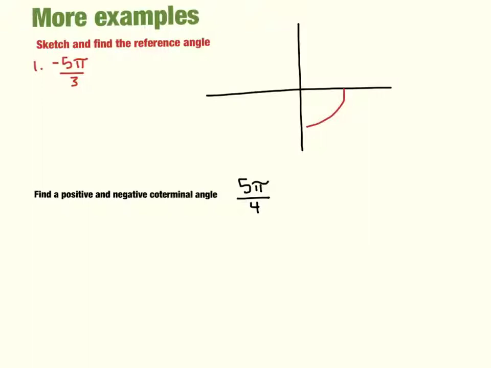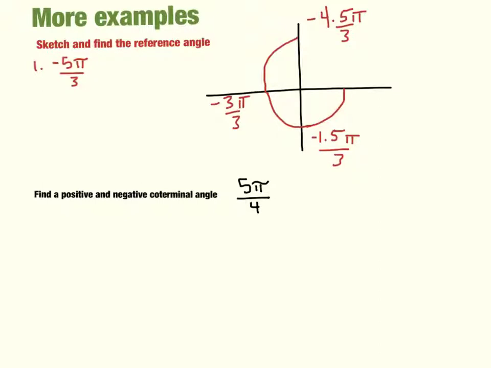What's half of 3? So I've gone negative 1.5 pi's over 3. And I keep going, and now I've gone negative 3 pi's over 3, right? Because I've gone negative 1 pi. Then to go negative 1.5 pi, well, 1.5 times 3 is 4.5, so I've gone negative 4.5 pi over 3.